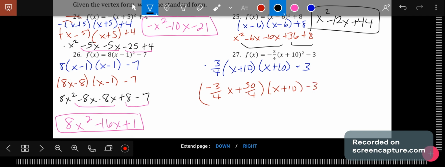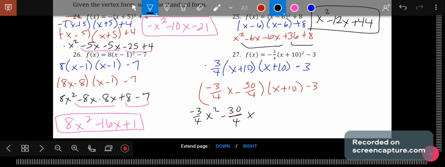We're going to distribute negative 3/4 x squared minus 30. Oh, this should be a minus here as well. It is negative, sorry about that. Negative 3/4 x times positive 10 gives us negative 30 over 4 x.